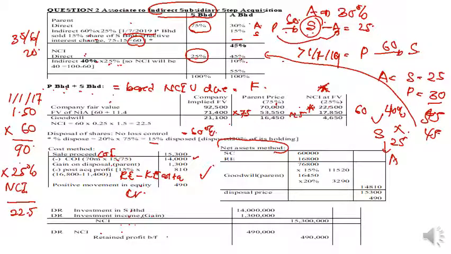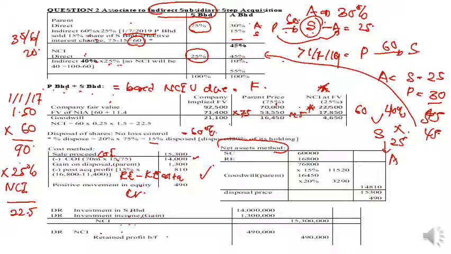We need to make an adjustment here. The adjustment is from the post-acquisition RE, the post-acquisition profit. So 15%, the one that you dispose, times 16,800, which is the RE brought forward minus RE at acquisition.